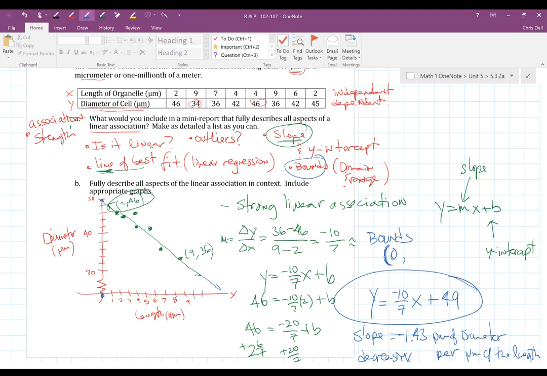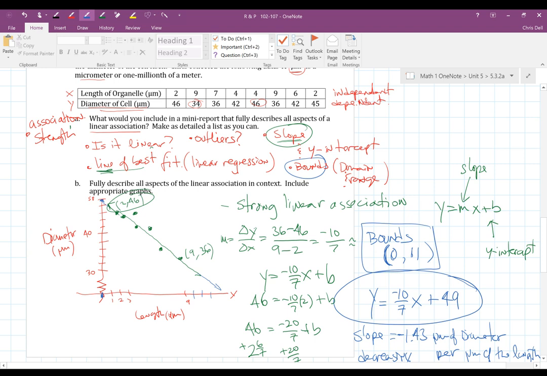When x is 0, your y is 49, and when y is 0 we'll be down here. I wouldn't say it would get more than 10 or 11, so for the sake of this practical situation, I'm going to say no more than 12 or 11 as far as its diameter is concerned. That might be the bounds based on our graph.